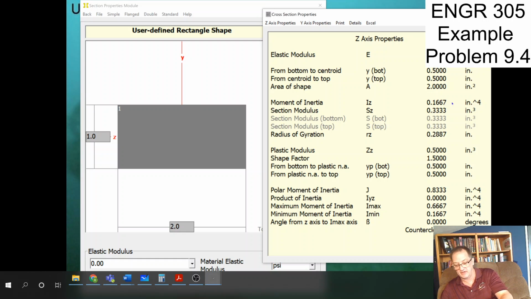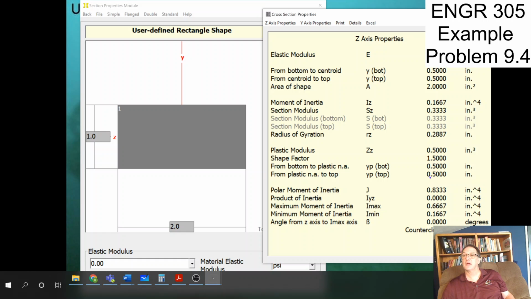And that gave me up here moment of inertia, because they're giving it up here because they're thinking you might be working with a beam. So that's the 0.166. And if we think about that, that would be base times height cubed divided by 12. So 2 times 1 cubed divided by 12, it's 1/6. So yeah, I get 0.1666667.